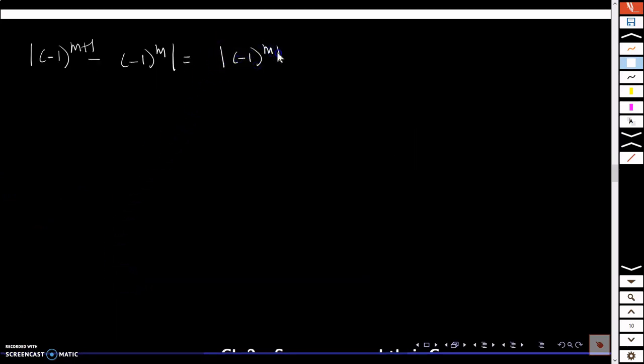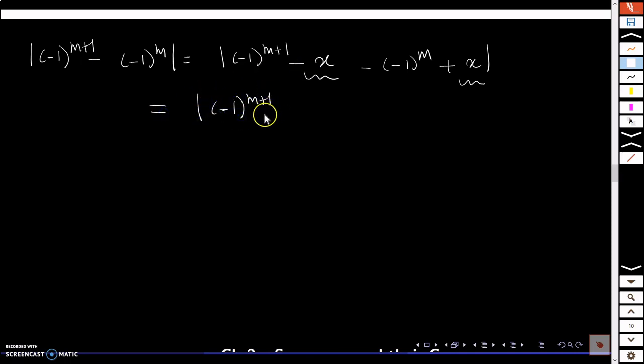Okay, so to this expression I will subtract x, and I have added x also. So I add and subtract x here, right? And now I can write that as minus 1 raised to m plus 1 minus x, okay, and I can take negative common here, and that will give me minus 1 raised to m minus x.